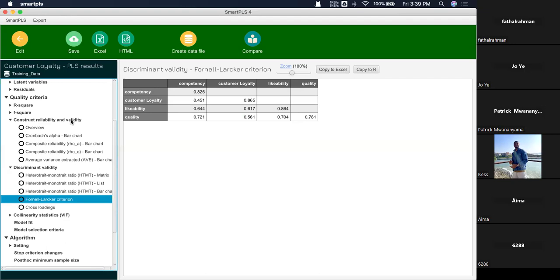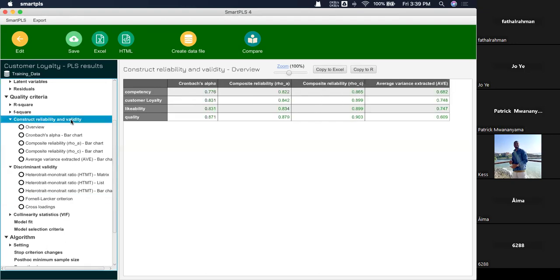Please go back to your construct reliability. Are we there? If you're there, cast your gaze on the last column, the AVE column. Those of you with a calculator, you can bring it out. You can see that for competency, the AVE is 0.682.